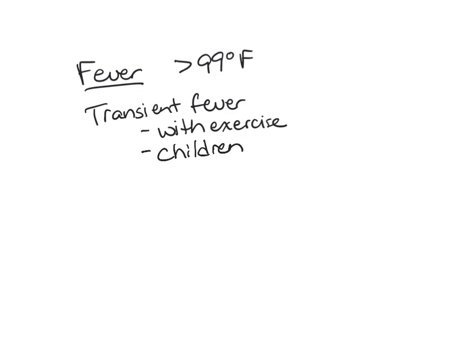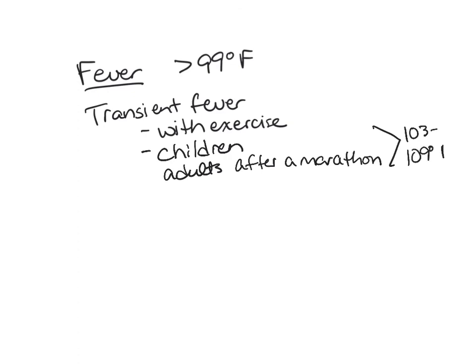And we can also see it normally in adults who have been exercising excessively, like after a marathon. These things will increase the body temperature up to 103 to even 109 degrees Fahrenheit. Those types of transient fever will go away as soon as the exercise stops.